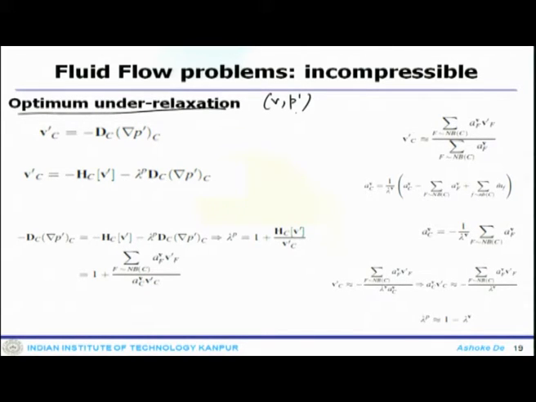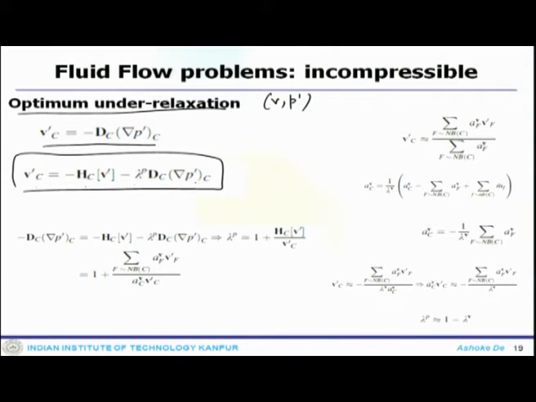If you recall the velocity corrections, how do we do that? We do that as minus dc into del p c, and once we calculate the pressure field, we use some sort of under relaxation in the velocity corrections, and we wrote it in this fashion, where Vc prime equals minus Hc V prime minus lambda dc delta p prime c.